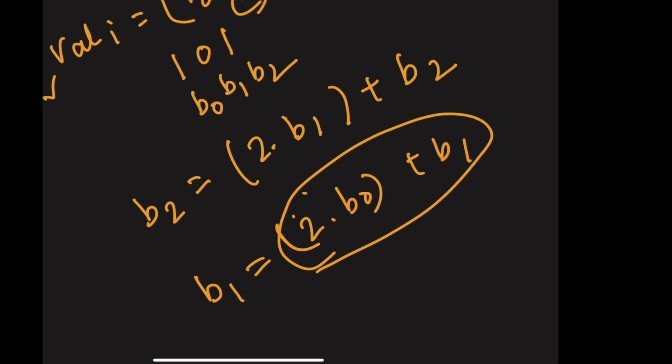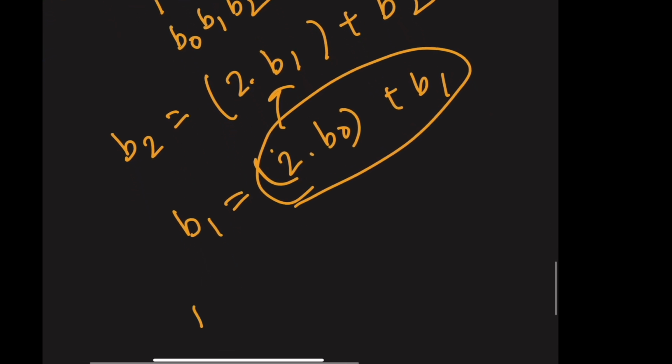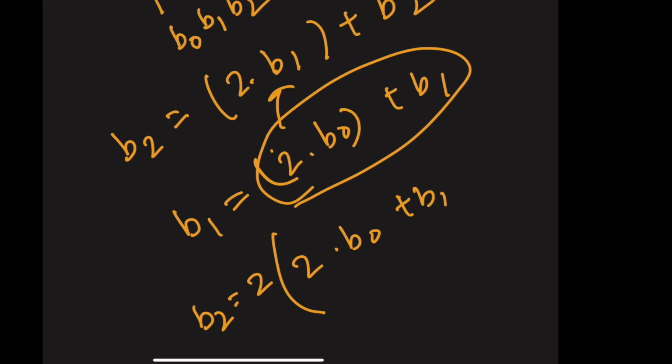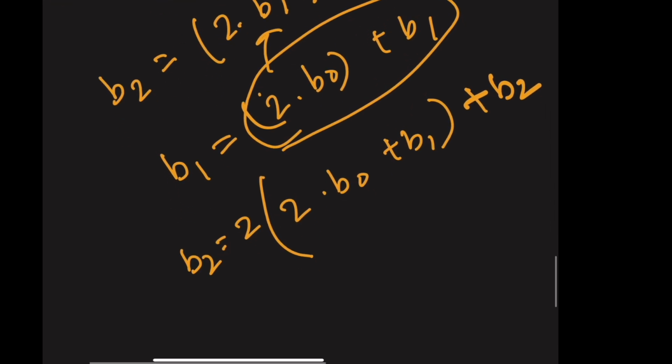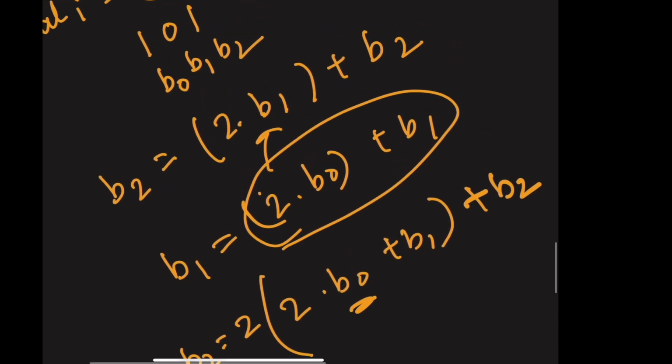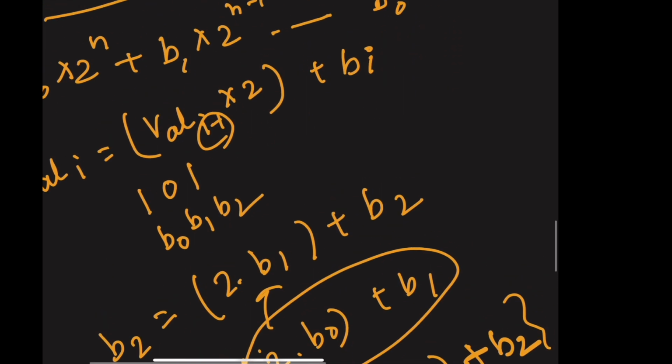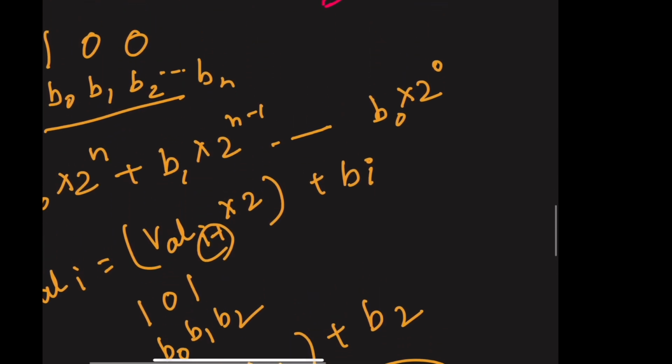If we substitute this over here, val of 2 becomes 2 into (2 into b0 plus b1) plus b2. Similarly, if we substitute b0 also and calculate, it comes to our existing formula.